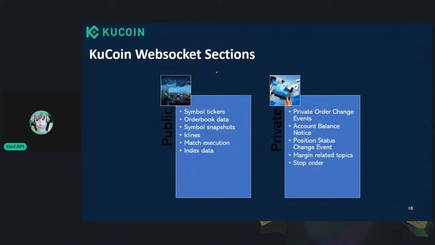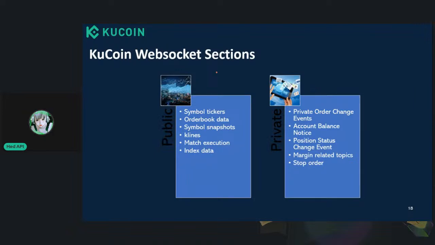Okay, let's talk a little bit about the KuCoin WebSocket sections. In the public channel of the KuCoin WebSocket, you can get the information of symbol tickers, order book data, snapshots of the symbol, client data, and also match execution data, and some index data.